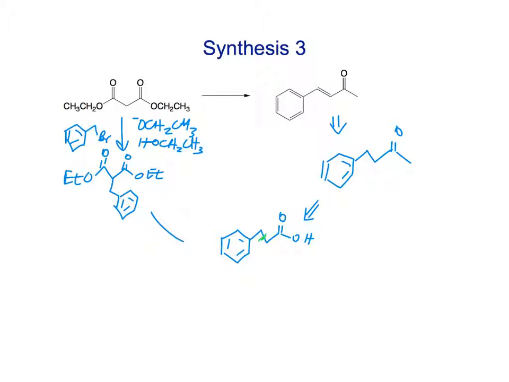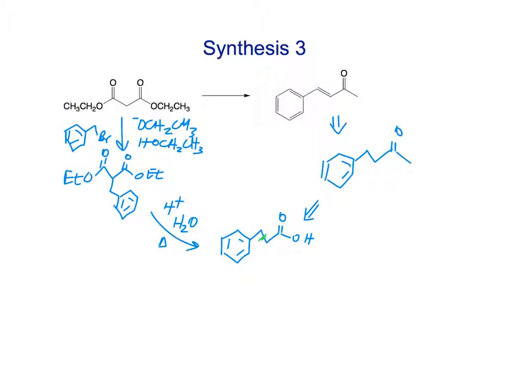Okay, so now we can get to here just by using H plus and H2O and heat. Okay, so this does the hydrolysis followed by the decarboxylation. So this is kind of the standard malonic ester synthesis.